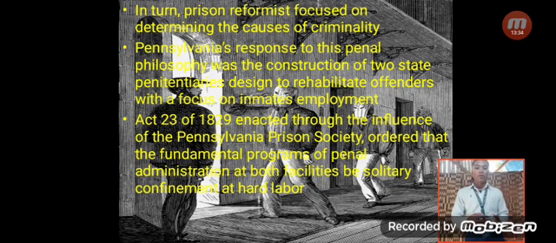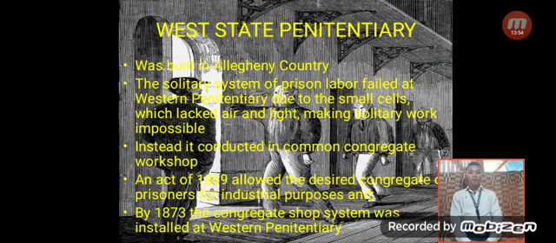Pennsylvania's response to this penal philosophy was the construction of two state penitentiaries designed to rehabilitate offenders with a focus on inmate employment. In 1827, the Western State Penitentiary was built in Allegheny County.